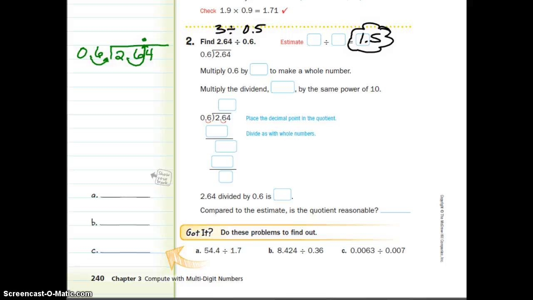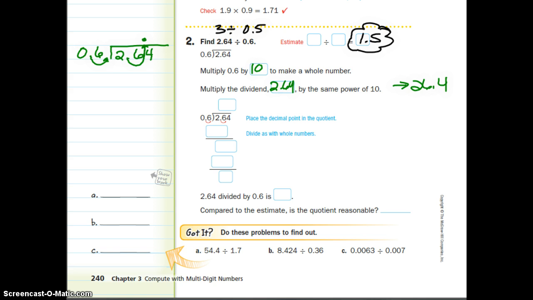Okay? So in order to do this, I've multiplied by 10, which means again I'm multiplying the dividend by 10 also. And in this case, the dividend was 2.64, so I multiplied 2.64 by 10, which means I've now really made it 26.4, and the outside is 6.